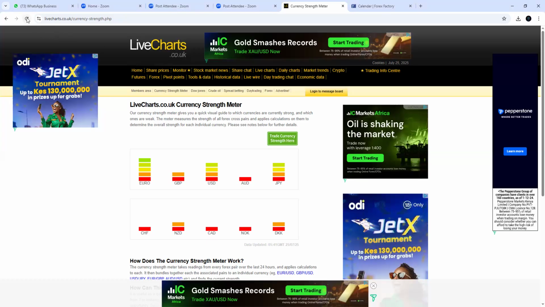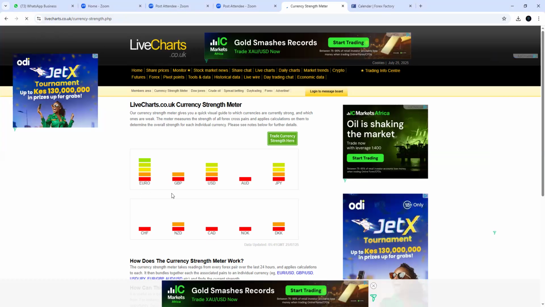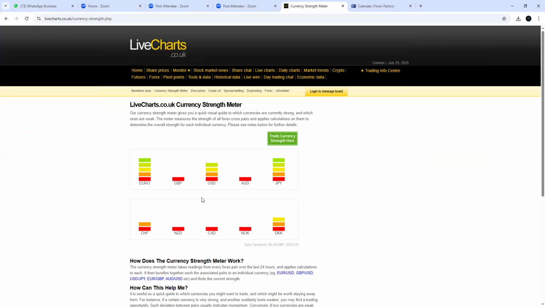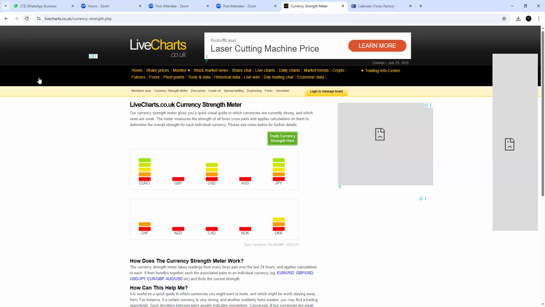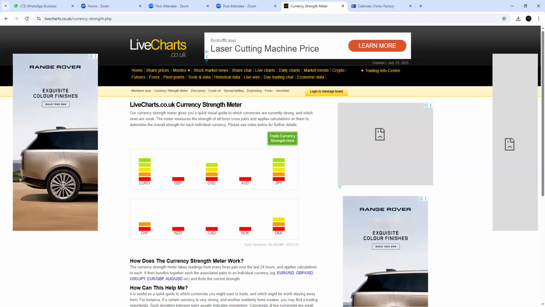All right, and make sure that you keep refreshing every now and then. Every time you're coming to this site, make sure that you keep on refreshing, because these particular assets normally change every now and then. This is where you're refreshing, up here. Let me get this tool here so that I can show you.